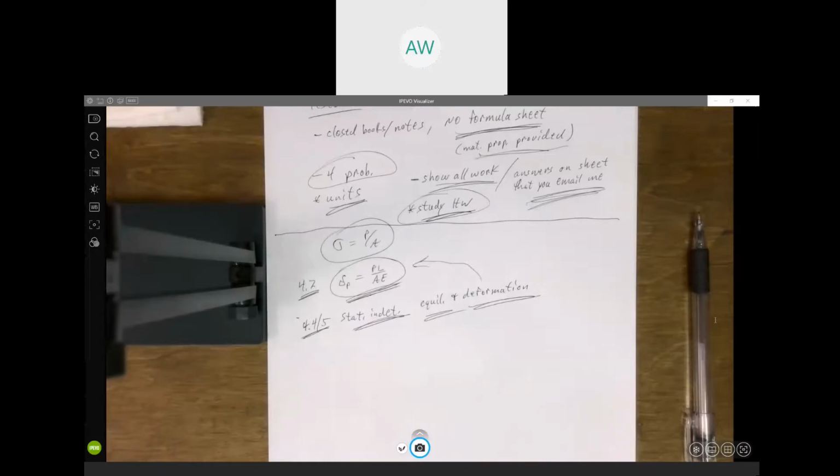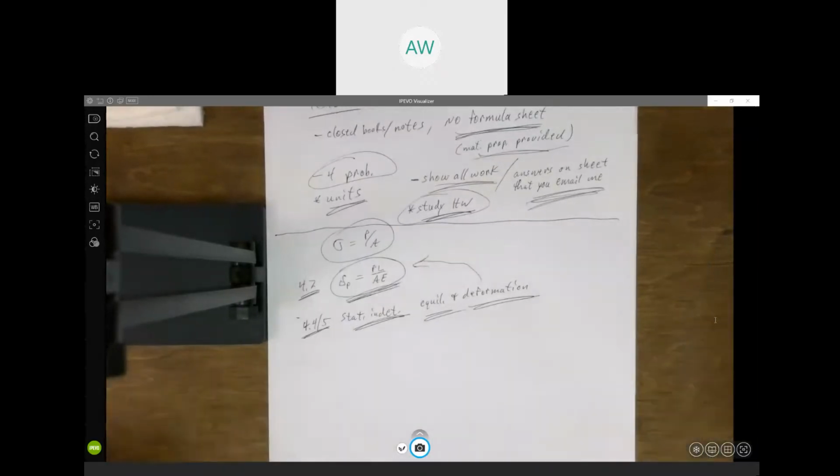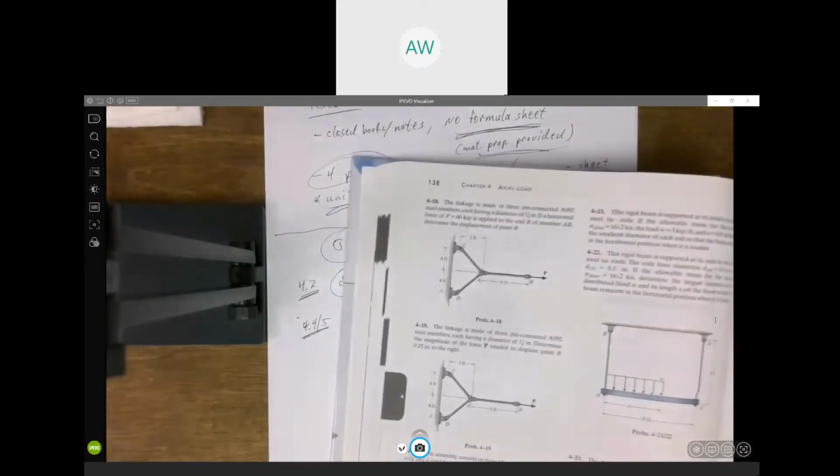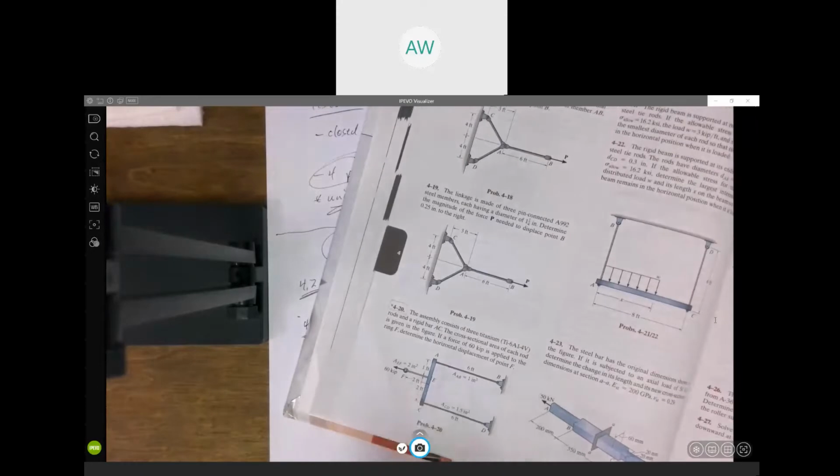All right, so I'm looking at the picture now. We got 3 titanium rods and a rigid bar AC. All right, so I can stick this up here real quick so everybody can see. This problem down here.